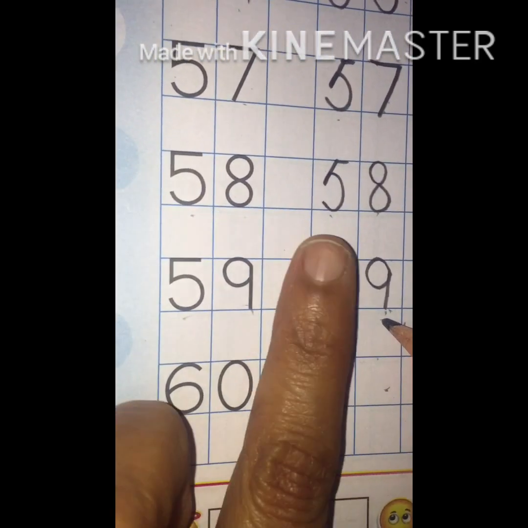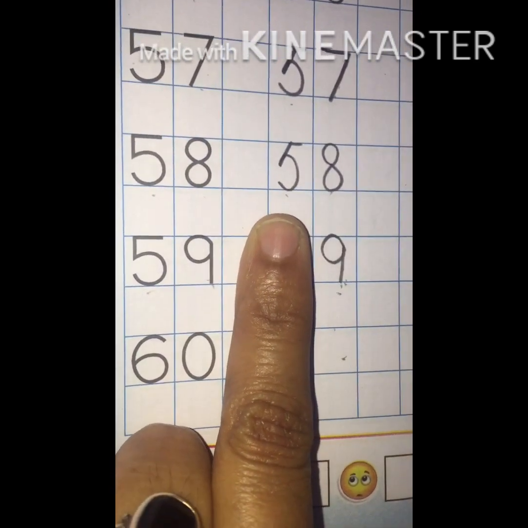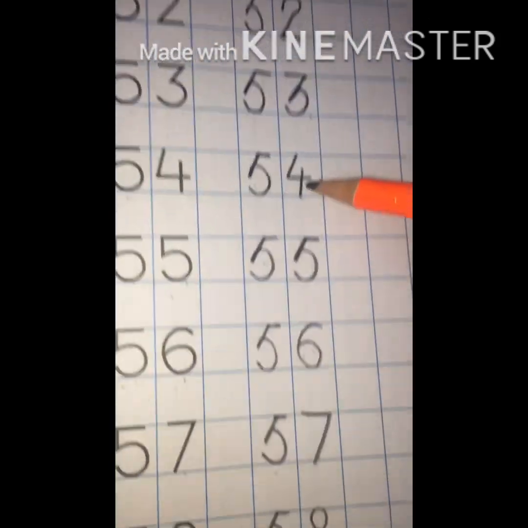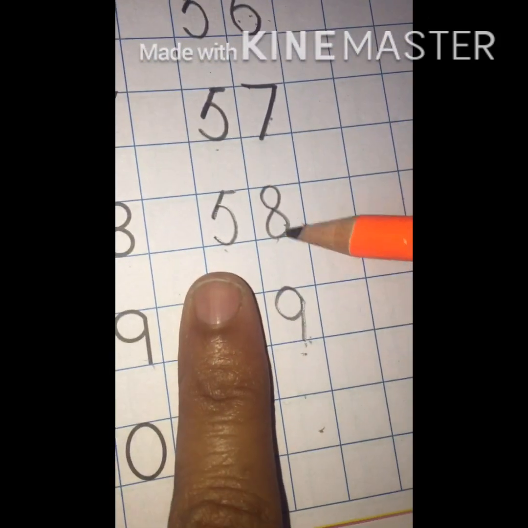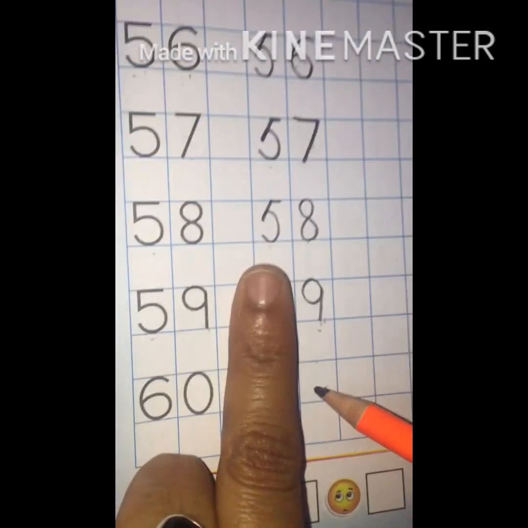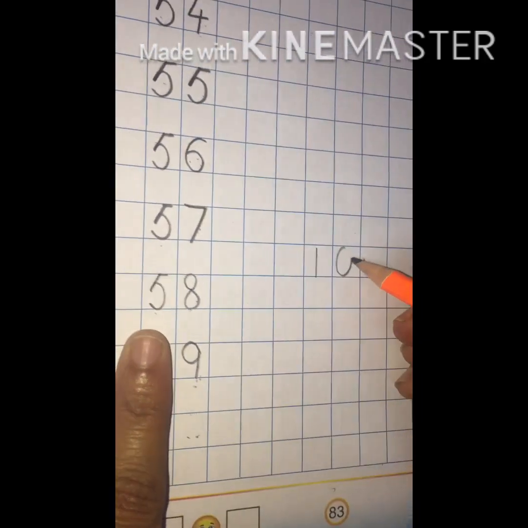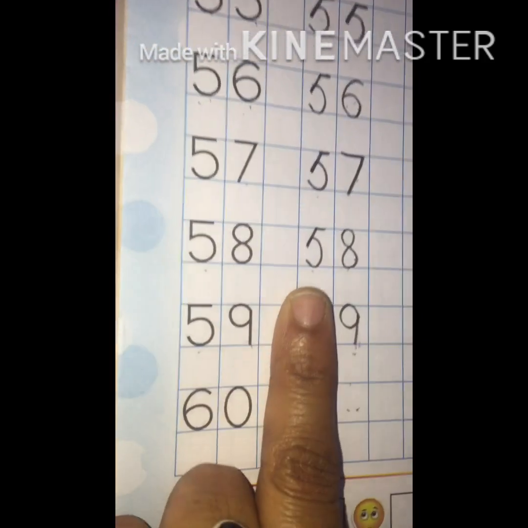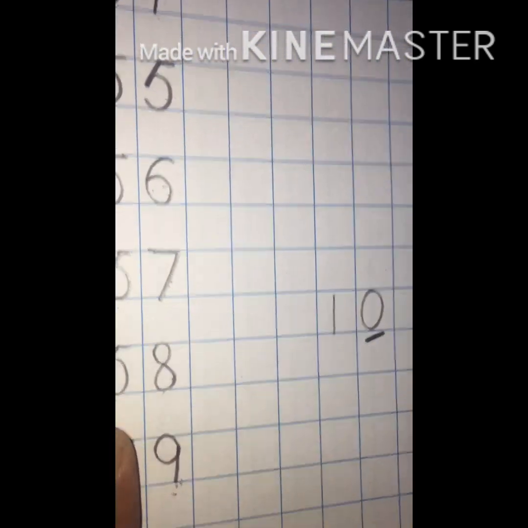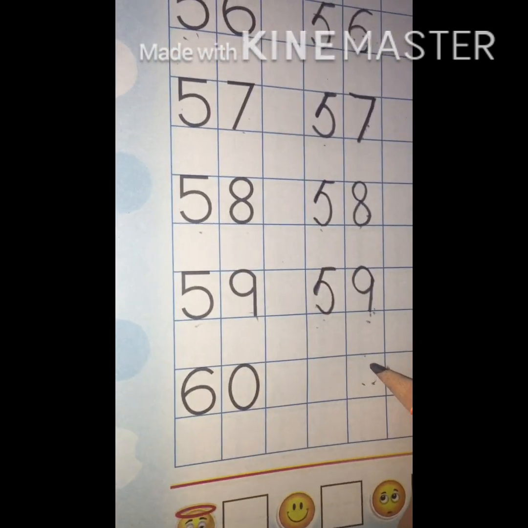If we hide number 5 and we count 1, 2, 3, 4, 5, 6, 7, 8, 9, then what will come next? 10. And how do we write 10? 1 and 0 like this. But we are to write only the last one. Okay, so which number is this? 0. So 0 will come here.